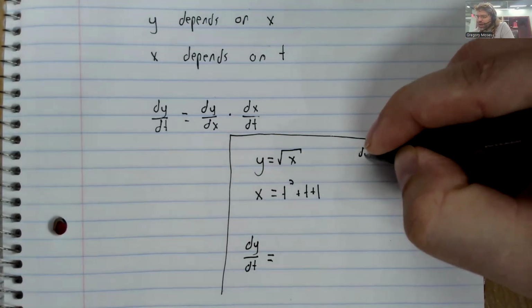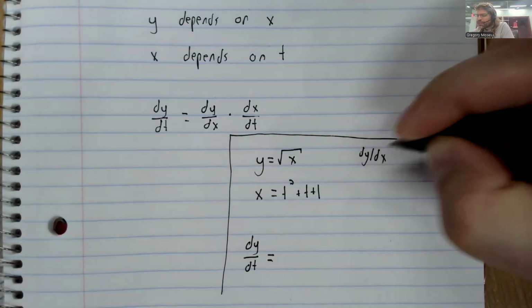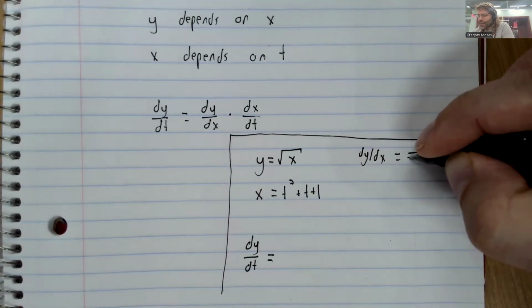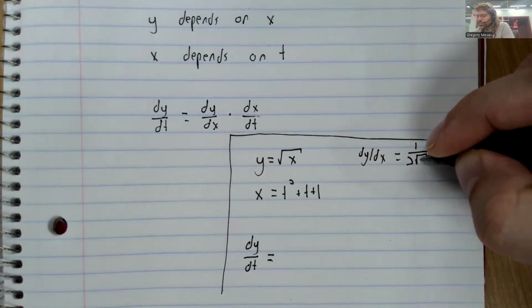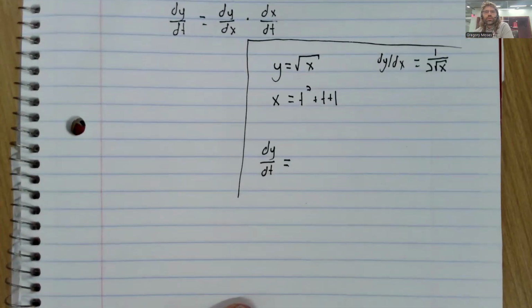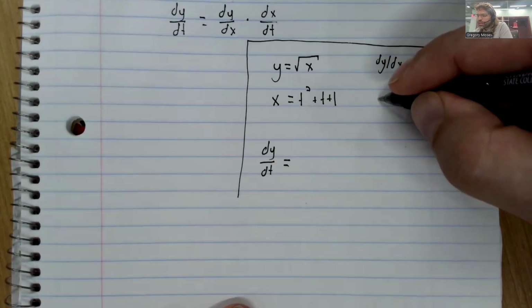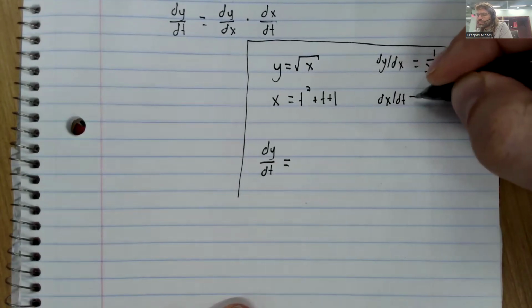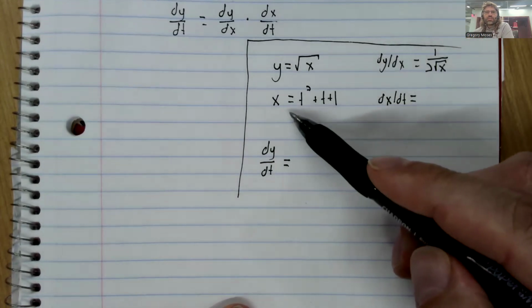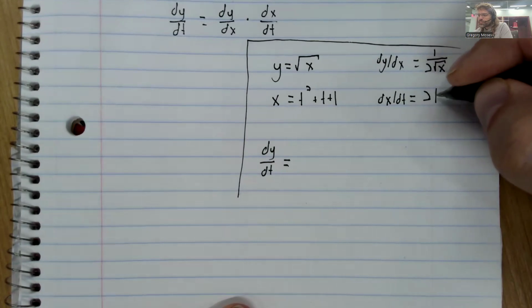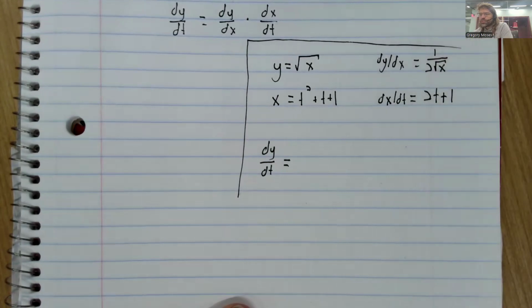Well, we can find dy/dx, the derivative of y with respect to x. It's 1 over 2 the square root of x. And we can find dx/dt, the derivative of x with respect to t. It's 2t plus 1.